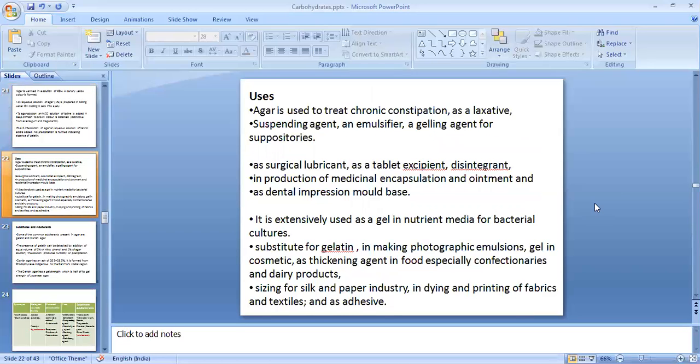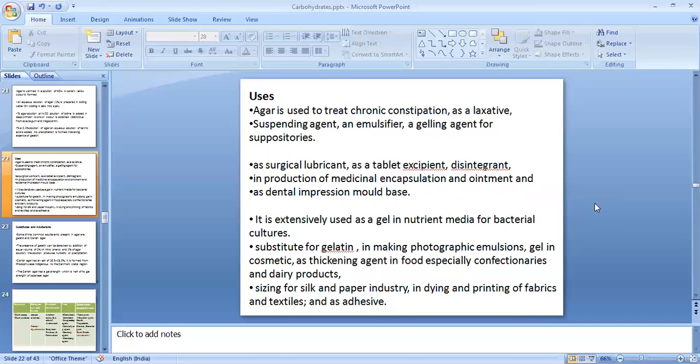And next, the uses of agar. It has a very wide range of uses. Agar is used to treat chronic constipation because it is a mucilage which absorbs water, and it is used as a laxative.